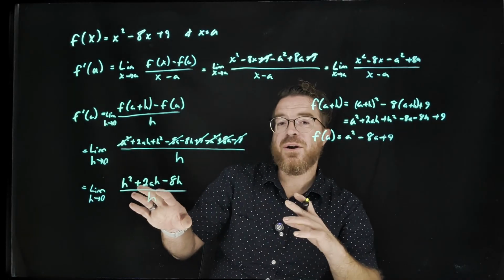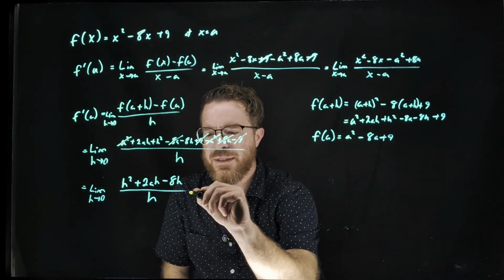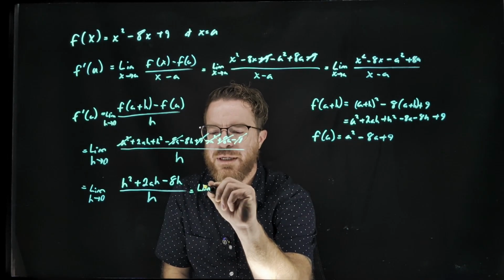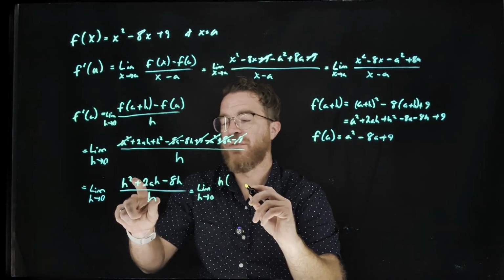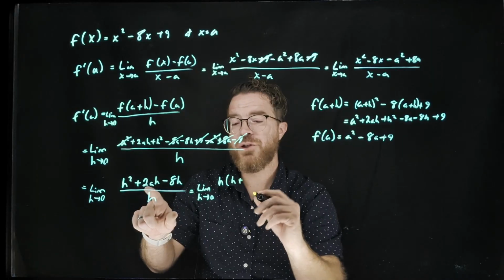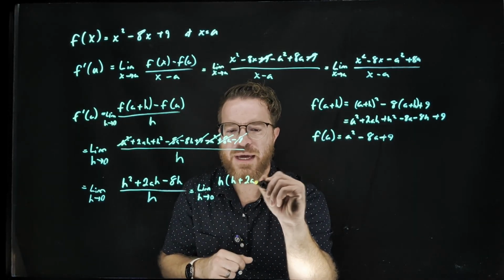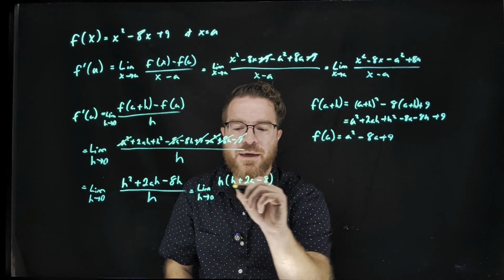So every term here has an h. So what can I do with that? I can pull the h out. So this is going to become the limit as h goes to 0, pull out my h. If I pull an h out of h squared, this is going to be h. If I pull an h out of 2ah, this is going to be 2a. If I pull an h out of minus 8h, it's going to be minus 8.